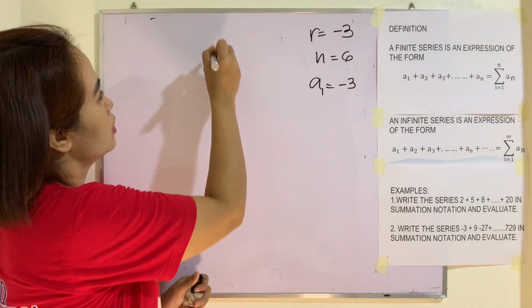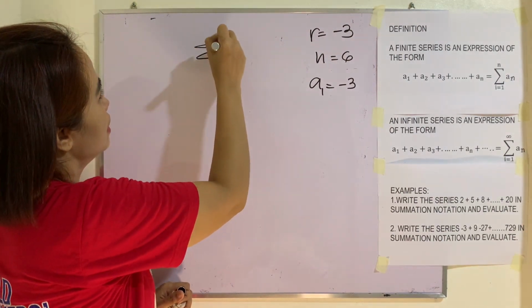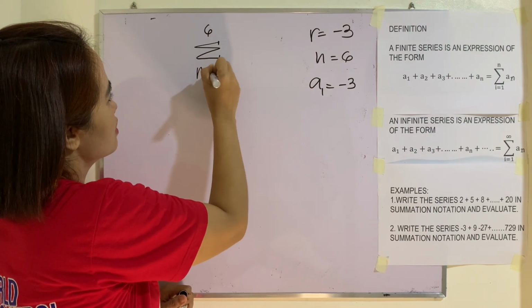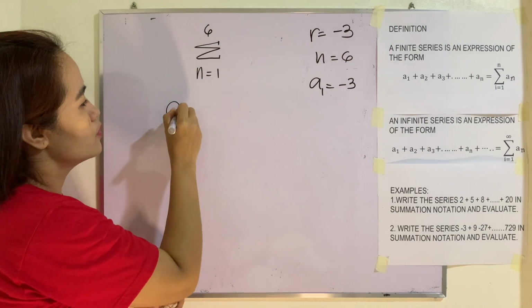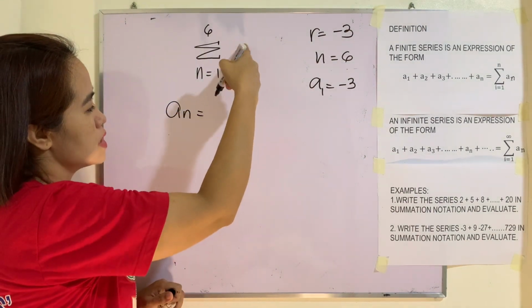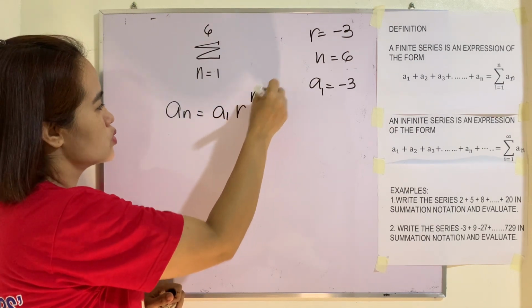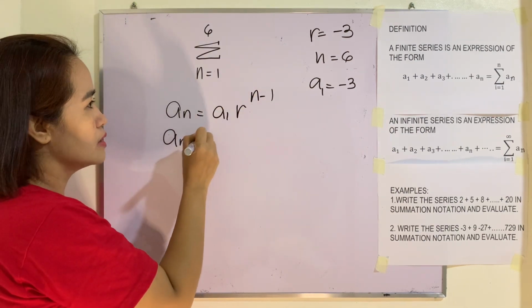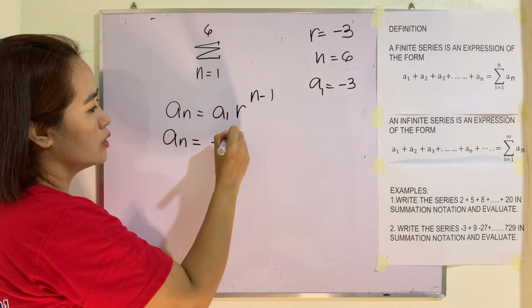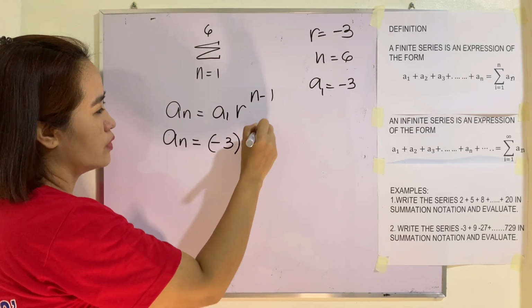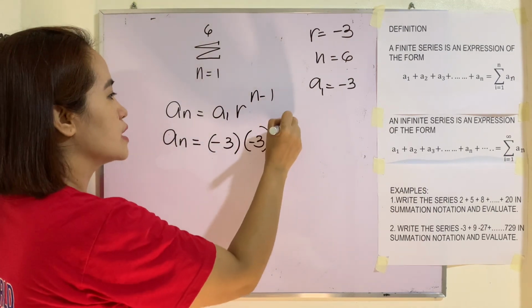Using summation notation, we have here, our n is 6, and of course, our n is equal to 1. So we have to look for a sub n to put this here. This is a sub 1, r to the n minus 1. So a sub n is equal to negative 3, our r is also negative 3, and this one is n minus 1.